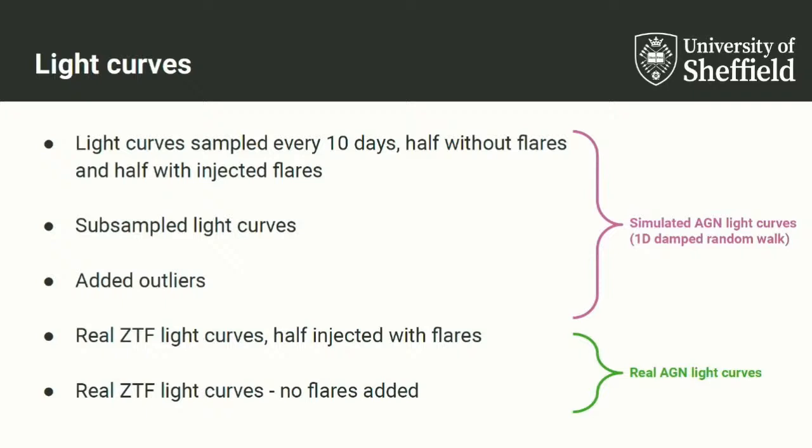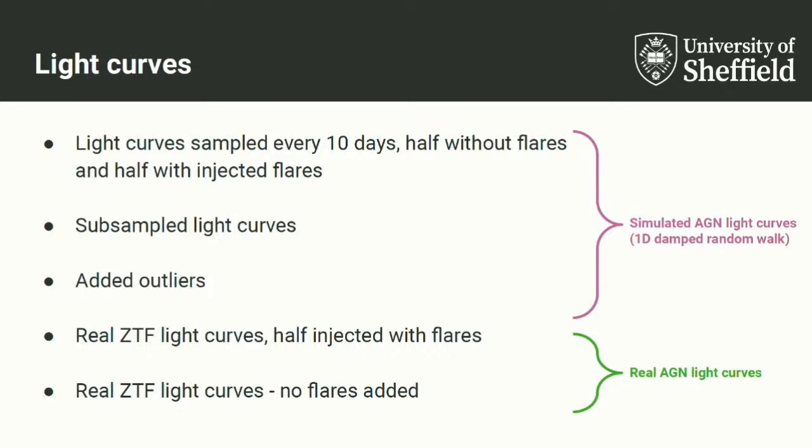So I've touched on the kind of simulated data that I used, which was my set of 20,000 simulated AGN light curves, and 10,000 were injected with Gaussian and gamma flares with magnitude amplitudes ranging between 1 to 2.5 magnitudes and widths of 100 to 1,000 days.